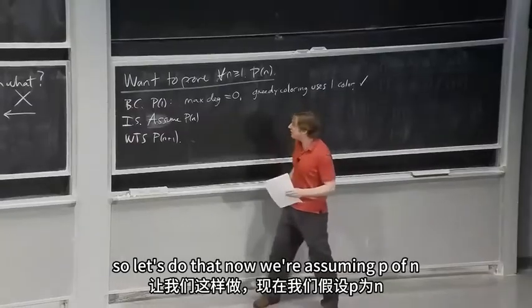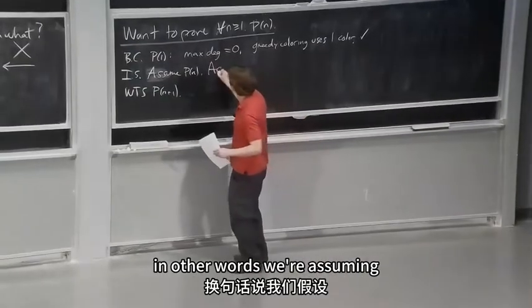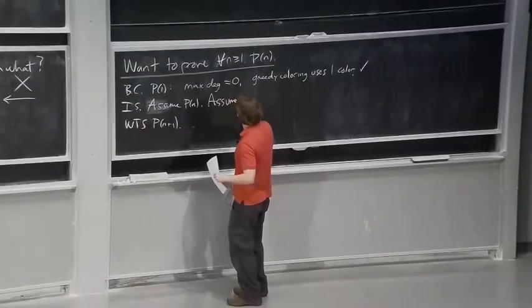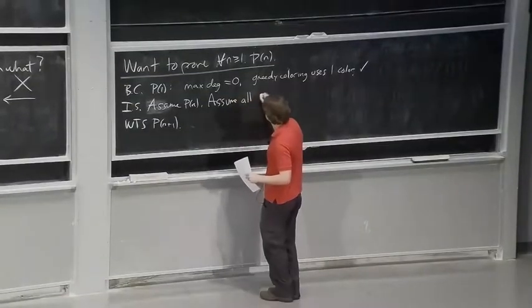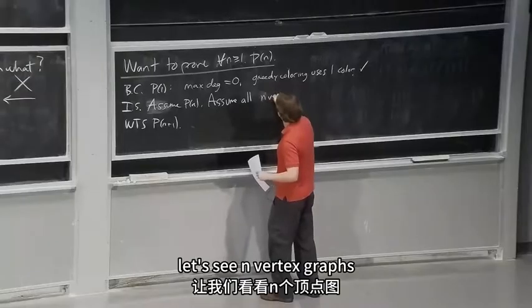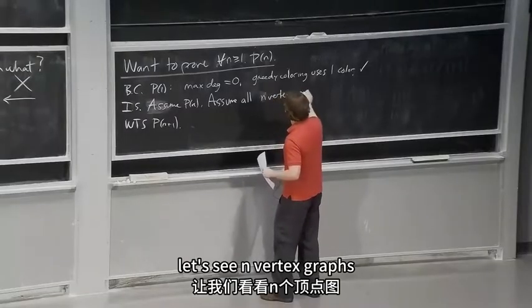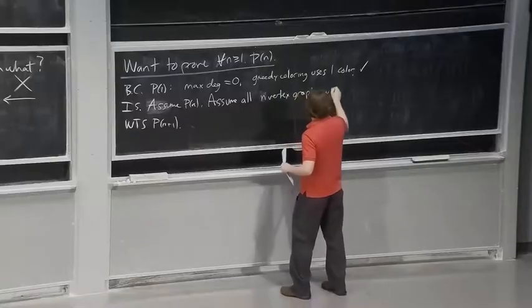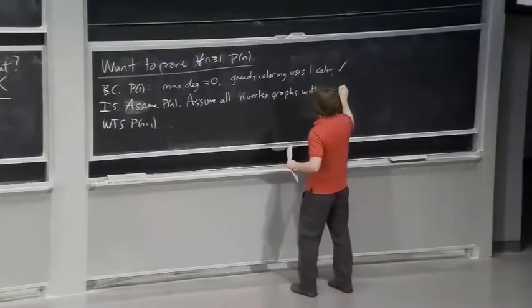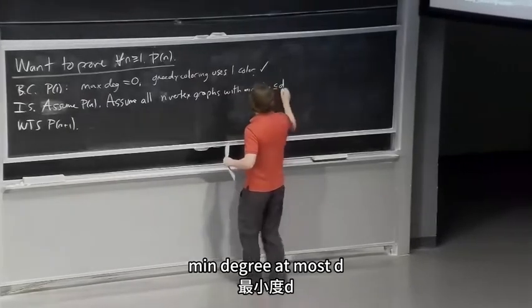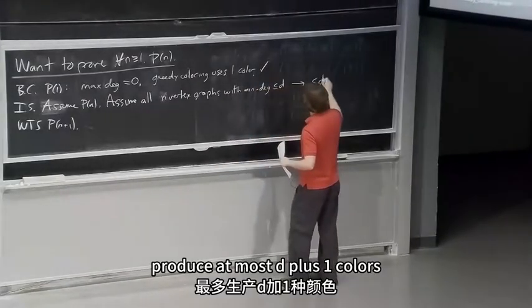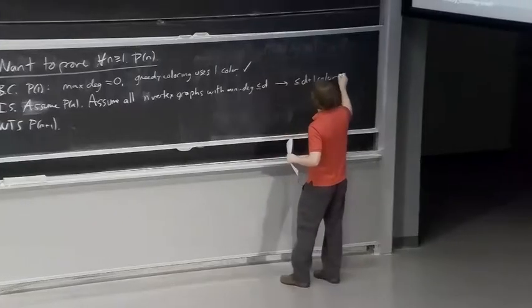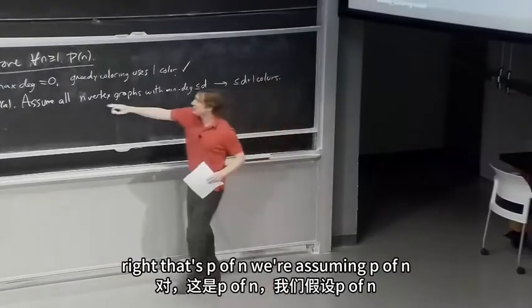So let's do that now. We're assuming P of n. In other words, we're assuming all n vertex graphs with min degree at most d produce at most d plus 1 colors. Right? That's P of n.